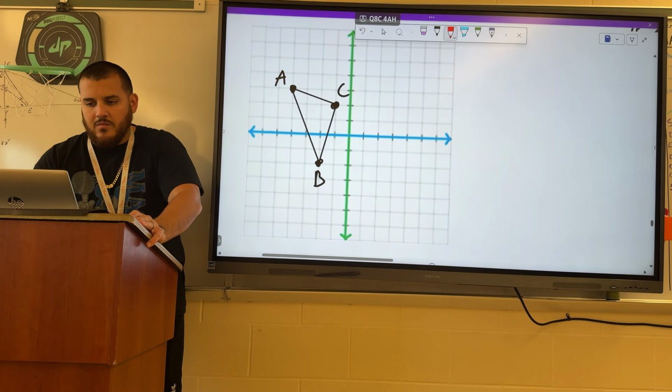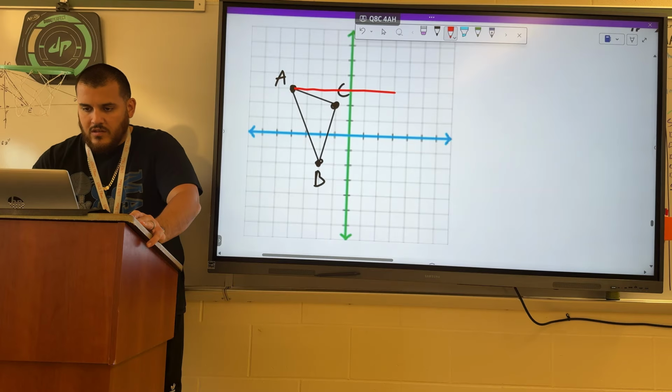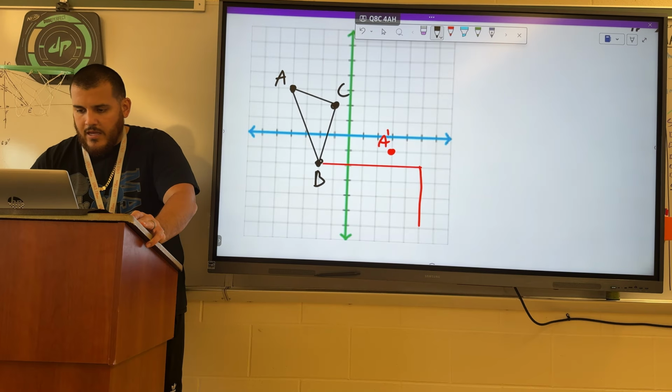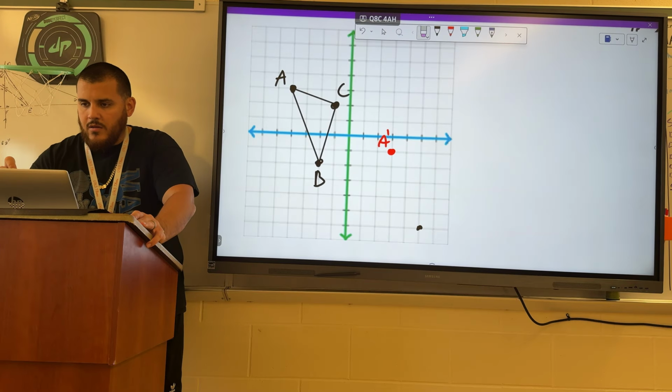My red here is just my counting. There's 7 to the right and then 4 down, and that is where A prime will be located. And we're going to do that again with each point. So with B, there's 7 to the right, 4 down. That is B prime. Keep this up in red, B prime.